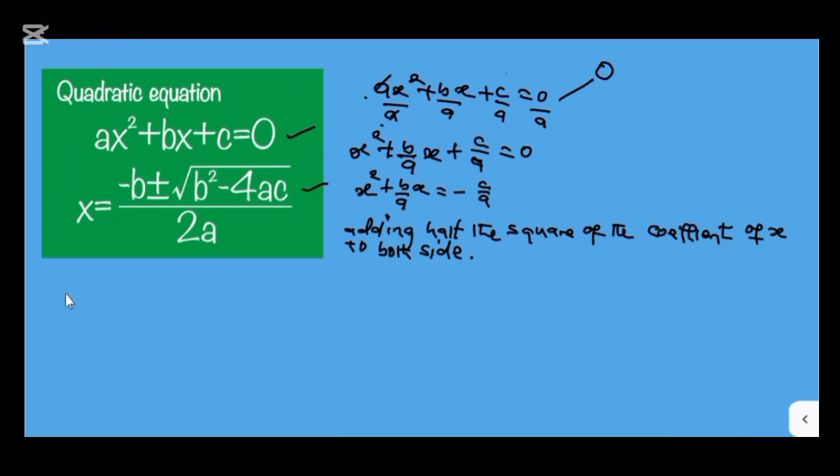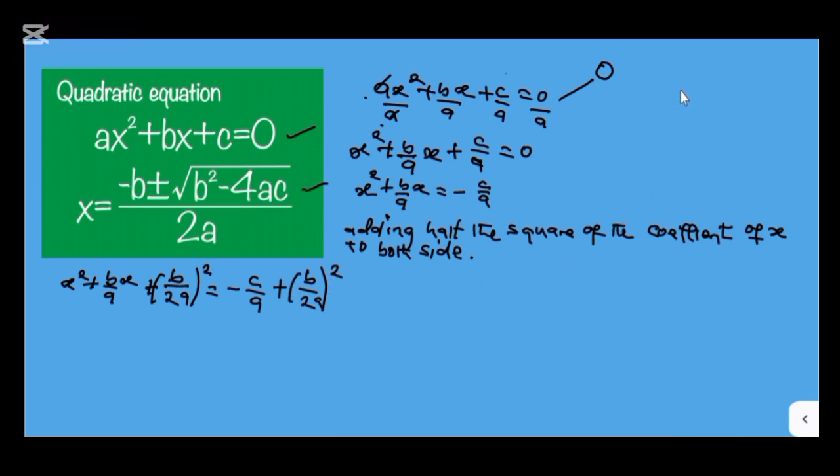We are having x squared plus bx over a. We are adding half the coefficient squared, and that is b over 2a all squared, equals to, we have minus c over a plus b over 2a all squared.